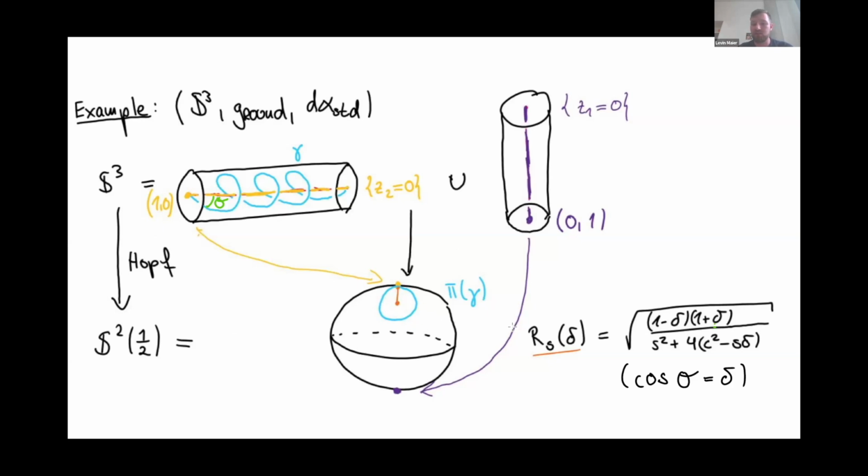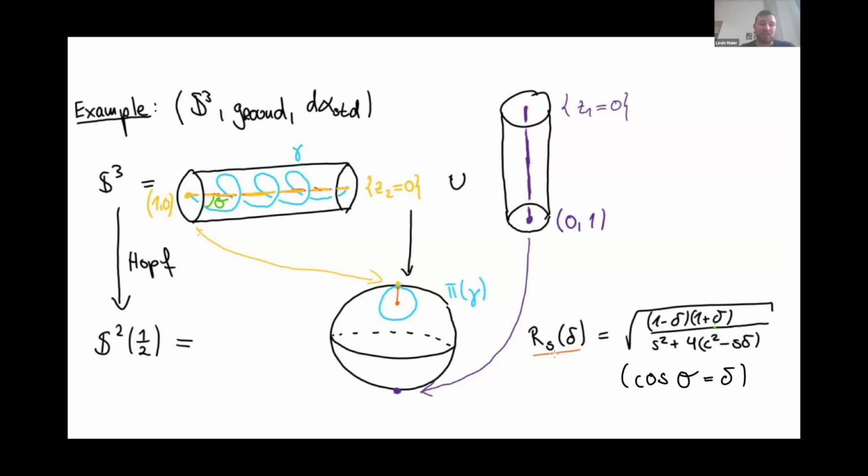But that's not true. Computation shows that the radius downstairs, the projection here, depends on the magnetic strength and the angle to the Reeb vector field, so it's varying. That was kind of surprising to us.